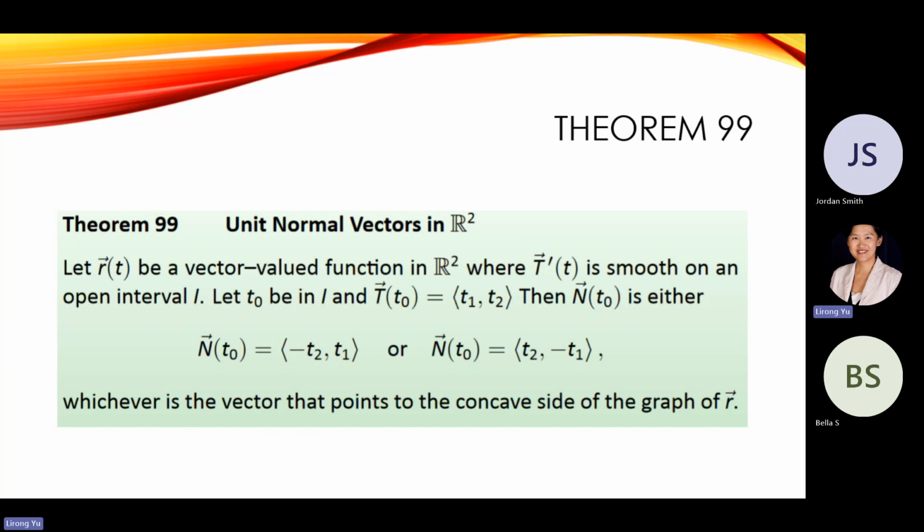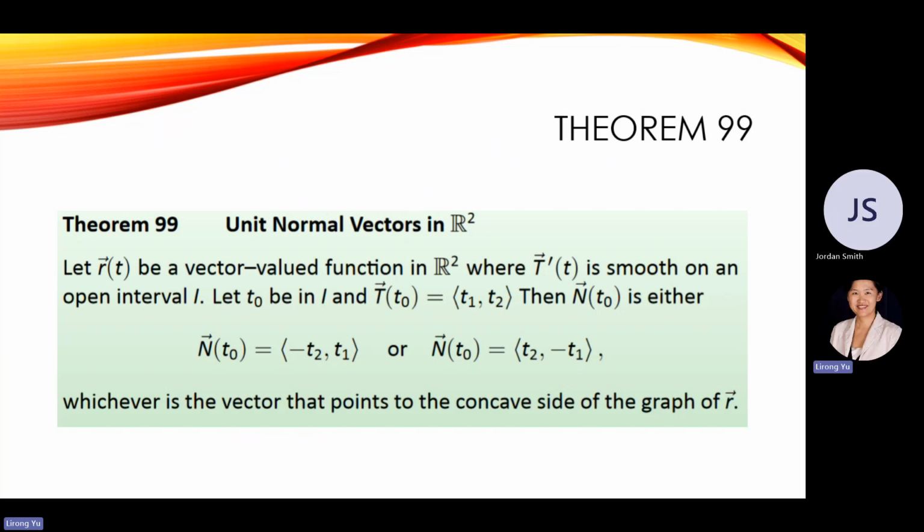It doesn't matter which way you do it, because it could be the positive 90 degrees from the tangent vector or negative 90 degrees from the tangent vector. It's 90 degrees with the T vector anyway. If you make T2 and put negative T1, they're perpendicular.